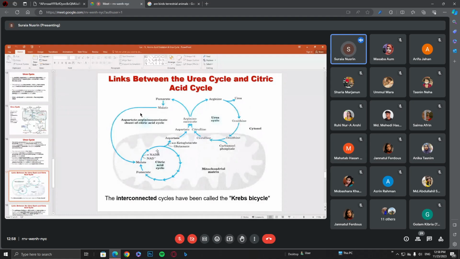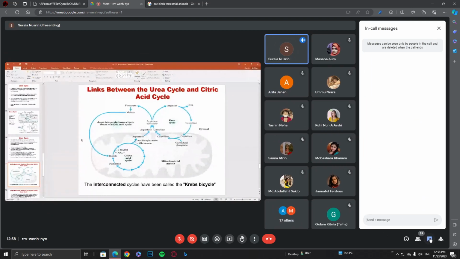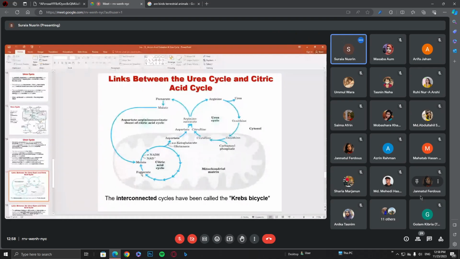So we got malate. Now if we look at the TCA cycle, the TCA cycle also has fumarate and malate. That means these enzymes are present in the cytosol as well as the mitochondrial matrix. So once malate is produced, malate can go back to the mitochondrial matrix to enter the TCA cycle.